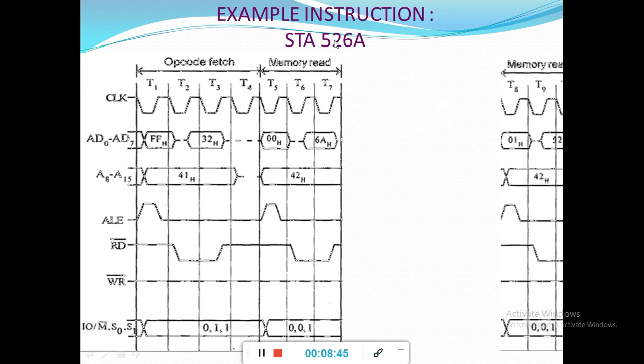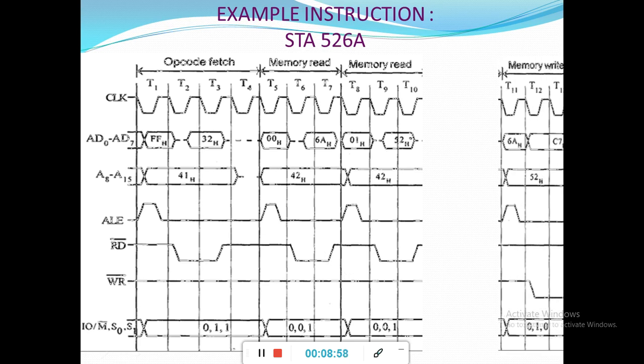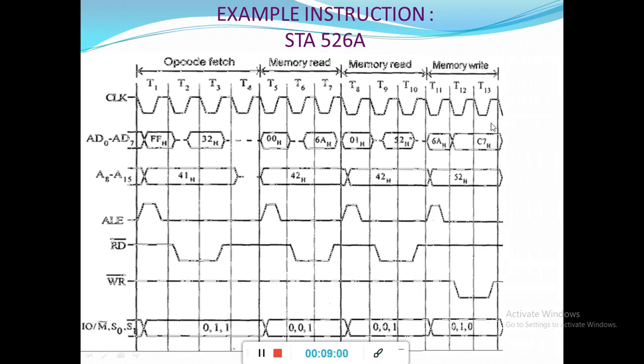I have written it here, so 4 2 hex, consider it 0 1 and 2 like this, all the memory reads that will be executed, 0 hex to 6 hex.